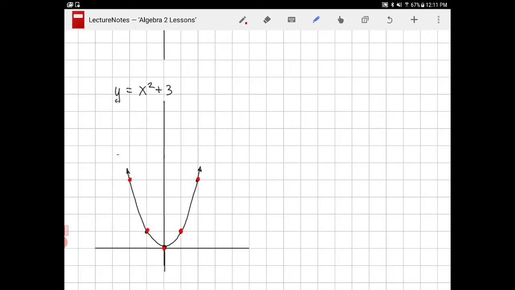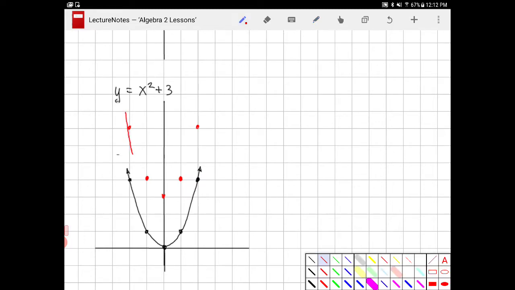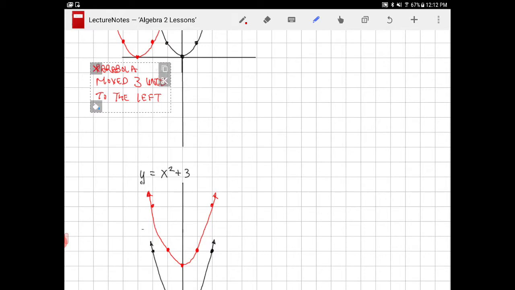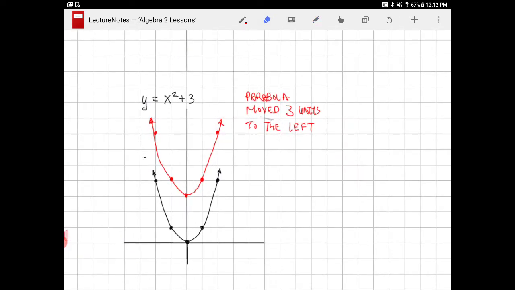If you plot this into the calculator, what will end up happening is all these points will get shifted up 3 units. And the parabola will end up looking like this. So again, the transformation that took place, we're going to say that the parabola moved 3 units up.